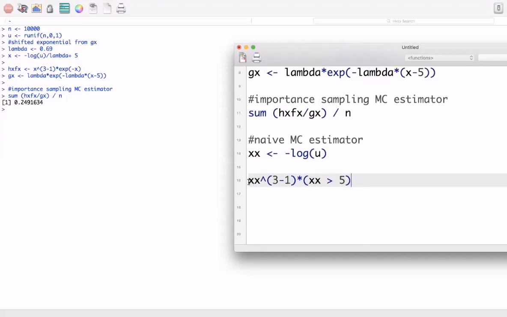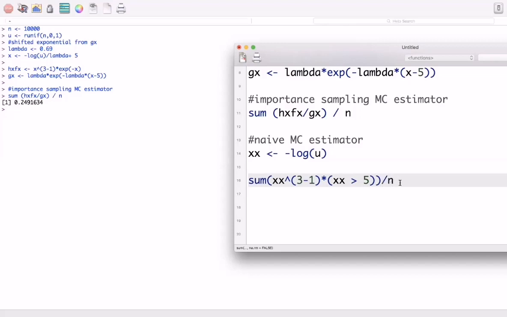This part generates 0 or 1s, and only for the 1s you multiply with this x. So this is the naive MC estimator that we looked at in the beginning. You sum this and then divide by n.